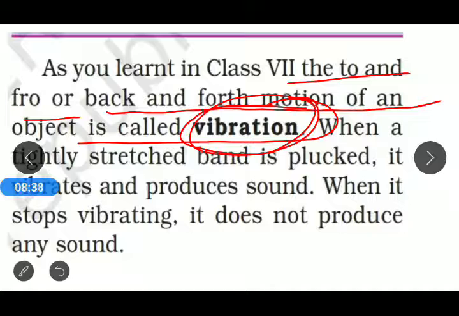So from all this discussion, we can conclude in two lines that sound is produced by a vibrating body, and the vibrations are always in the vibrating body. And second, vibrations are the to and fro or back and forth motion of the vibrating body or vibrating object.